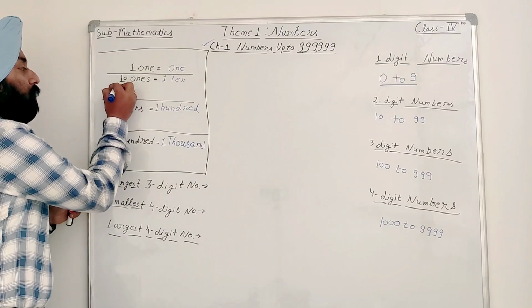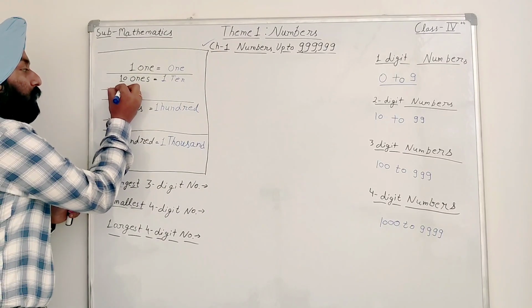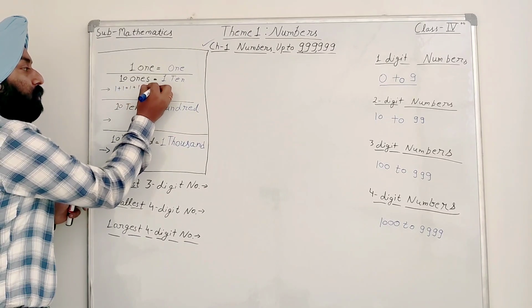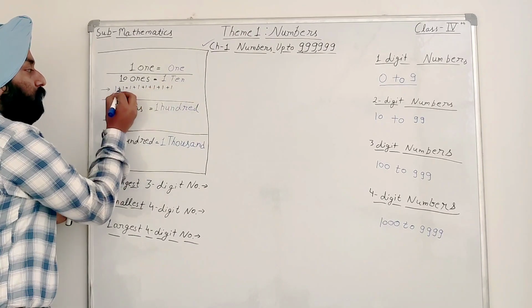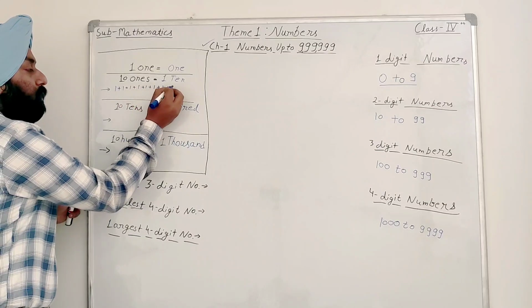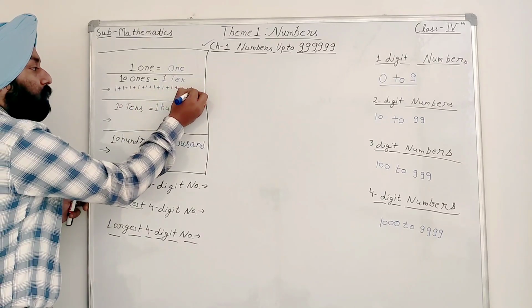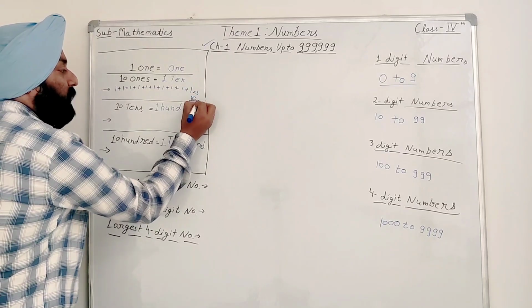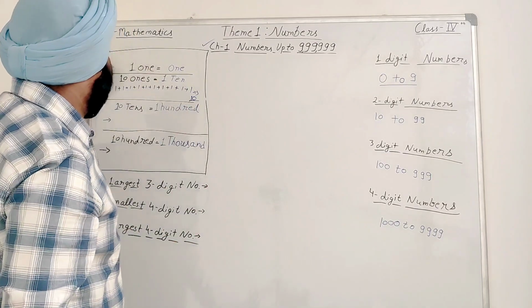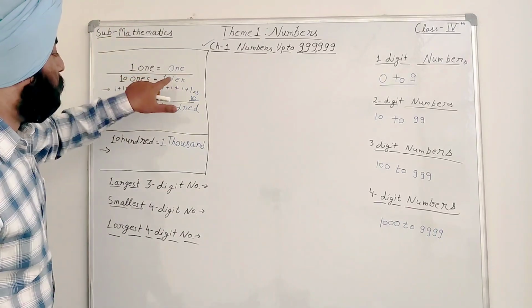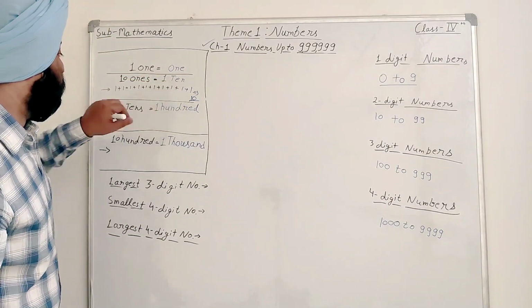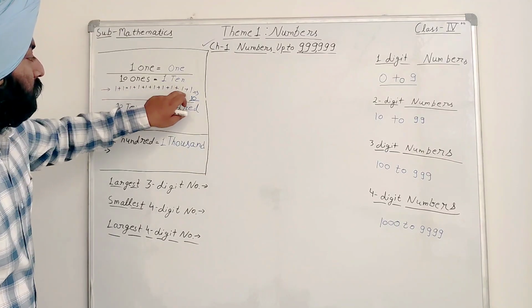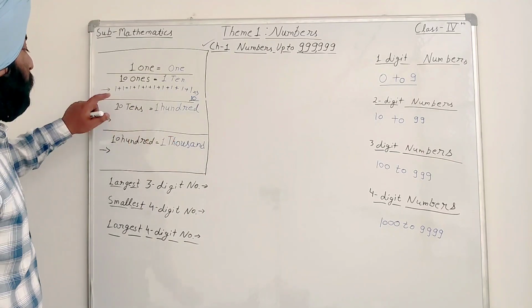If we have 10 coins of 1 rupee, then we have 10 rupees. Then 10 ones is equal to 1 tens. If we had 10 ones, we got 10.